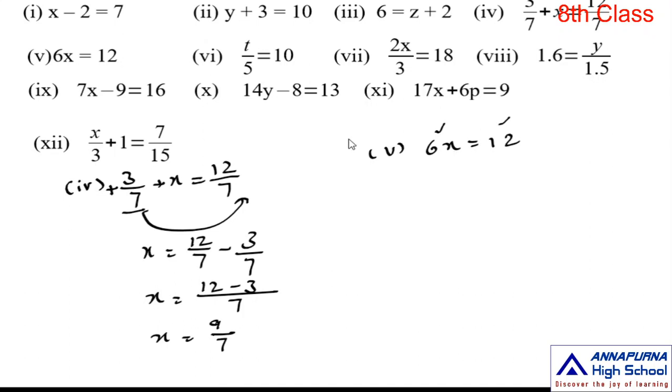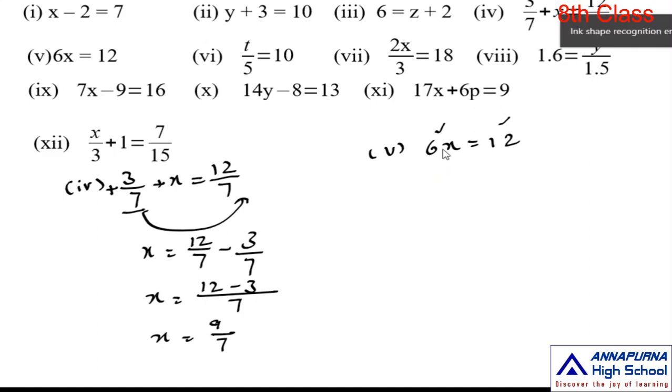So we need x is equal to. But here observe the variable term: up to the fourth equation, the variable terms are present with a coefficient of 1, but here this variable term has a coefficient of 6.